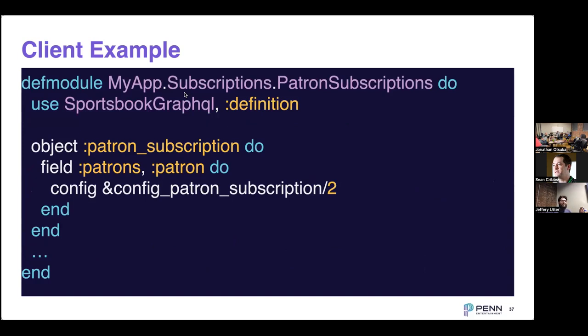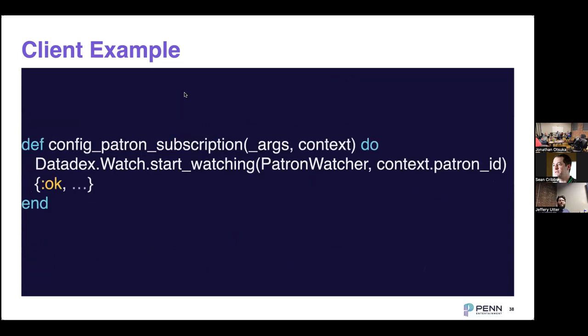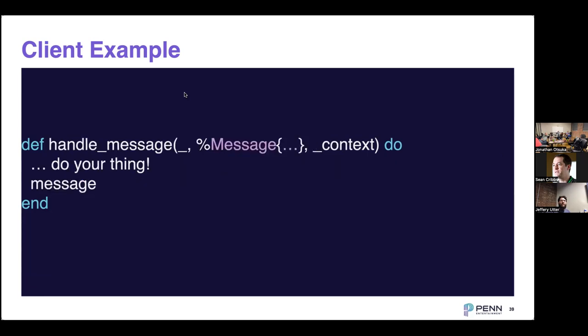Personally, I don't do much GraphQL, so I'm gonna gloss over some of this code. But you can use GraphQL subscriptions and set up a field that has a subscription, with this config subscription function, which, when you're setting up the subscription, starts that watcher process, you give it the patron ID, and then it'll stream back those messages and send them out to the GraphQL subscribers.